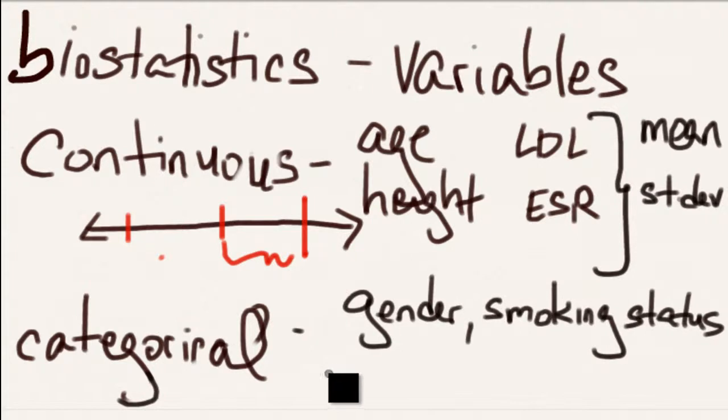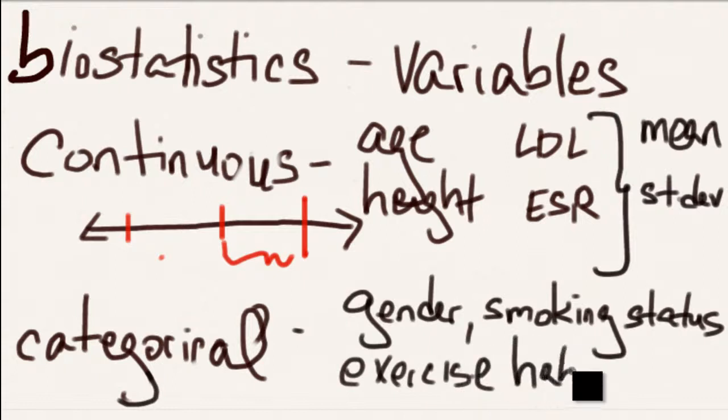Let's try another one: exercise habits. Categorical variables are those that aren't easily describable by a number, and if they are described by a number, they don't fall on the spectrum that you see up here.